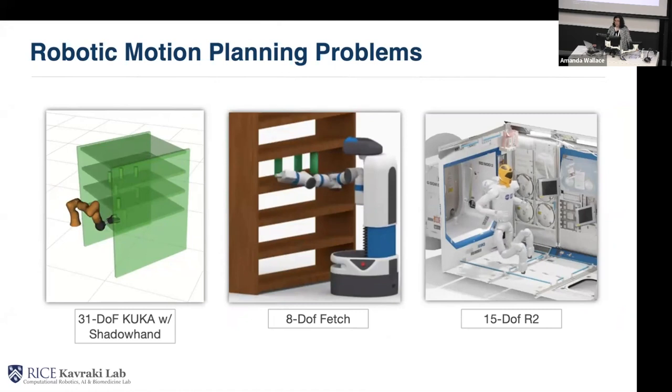The last example on the right shows Robonaut2, a robot that was built by NASA to work on the space station, a 15 degree of freedom system, moving, however, in a very confined and known environment. Still, planning for such a robot is a challenge.